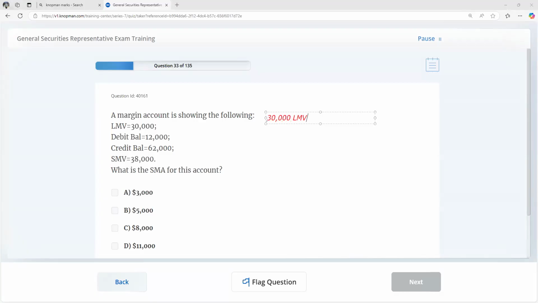And then credit balance is 62,000. And then SMA 38,000. Okay, so let me just take out my calculator.